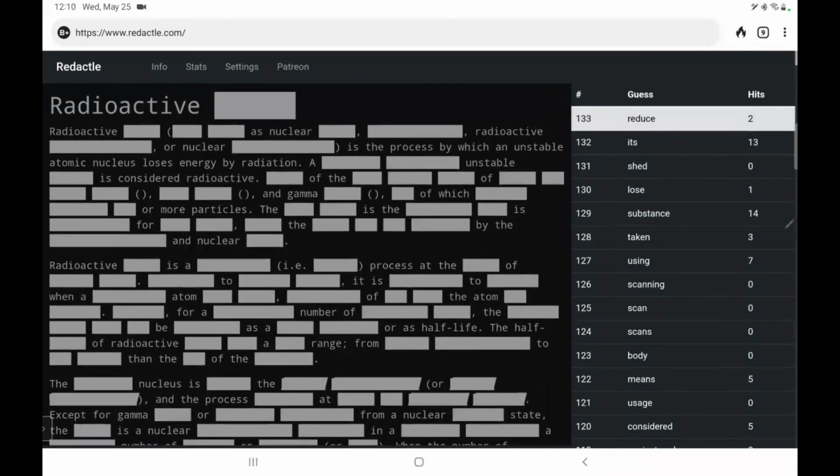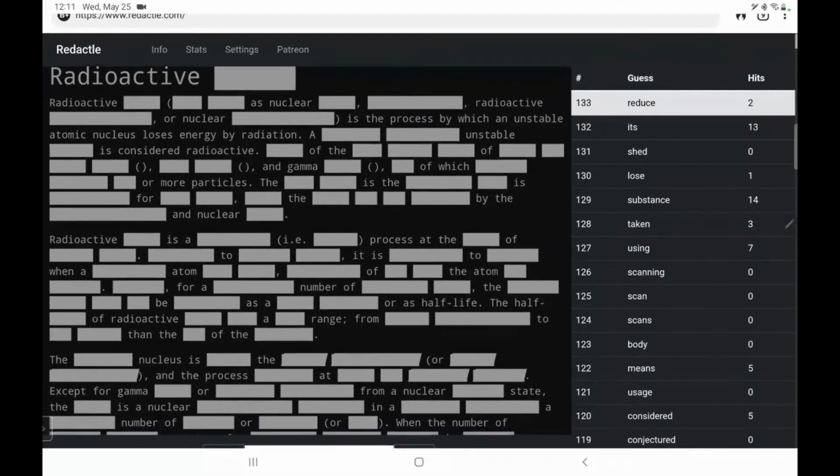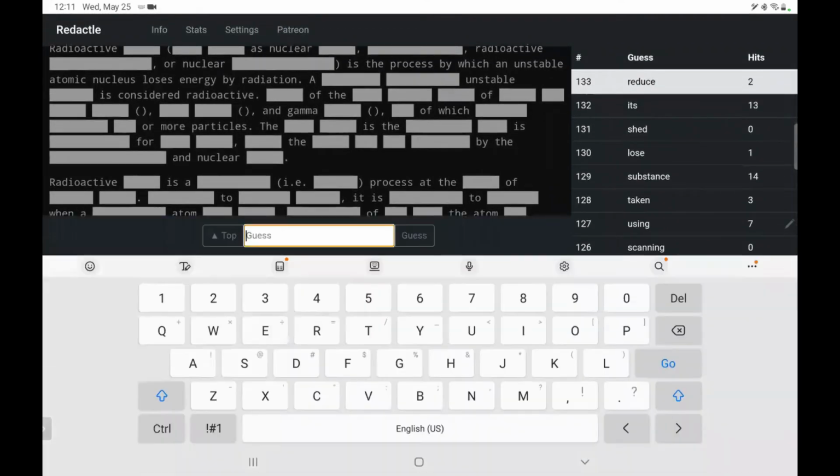So let's go back and try and guess what this title is. Radioactive something is the process by which an unstable atomic nucleus loses energy by radiation. Oh, radioactive death? Is that what they call it?